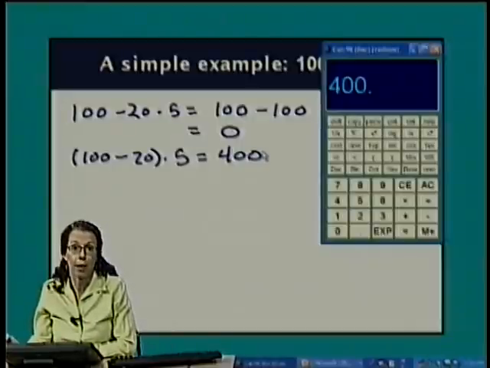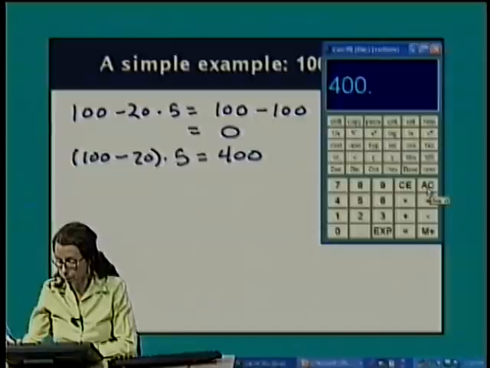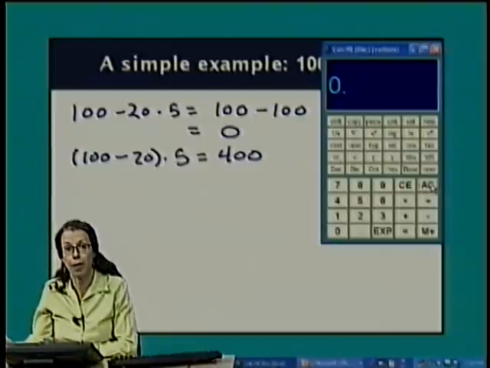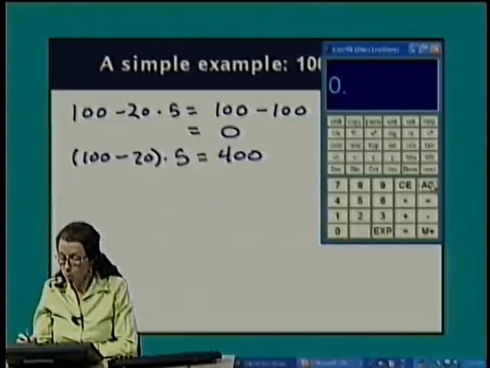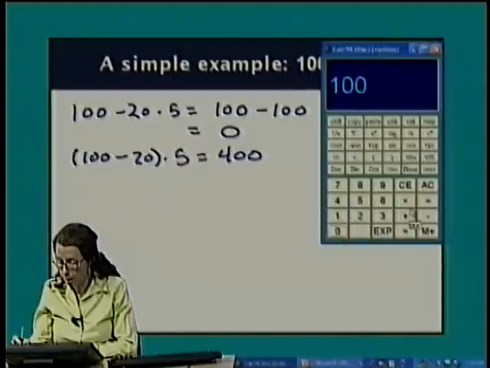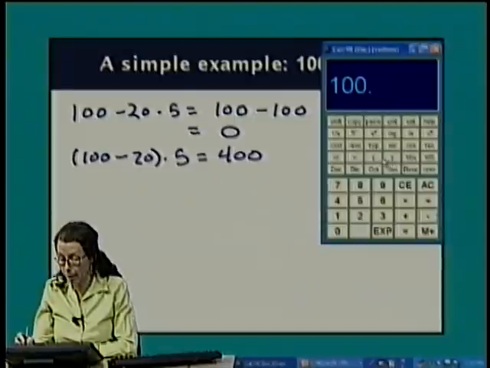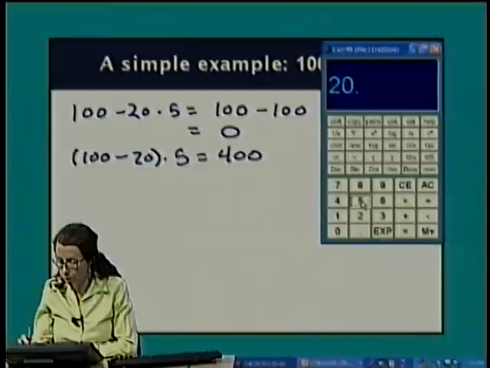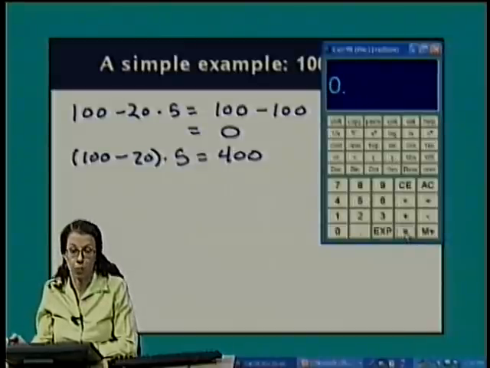Well, if your calculator operates like this, you might ask, well, how can I get the right answer out of my calculator? And what you can do is enter grouping symbols to tell the calculator what the order of operations is. So what we really want to do is do 100 minus, and then I'm going to use the parenthesis keys that are here on my calculator and put the 20 times 5 in parentheses, and now I'll get 0.